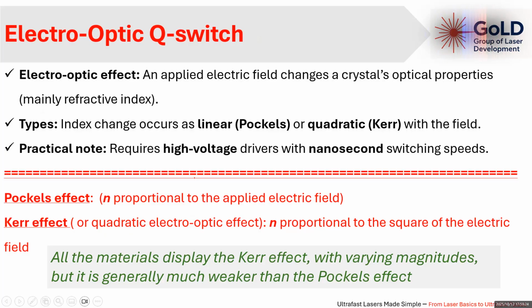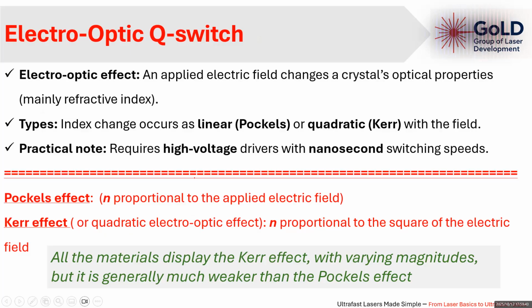Now, the other kind of switch, which is also very important, that is the electro-optic switch. So electro-optic, as its name shows, means some kind of electric field is involved in it.